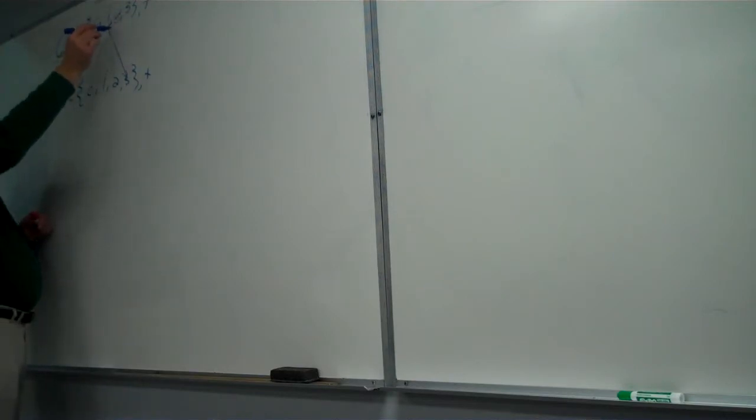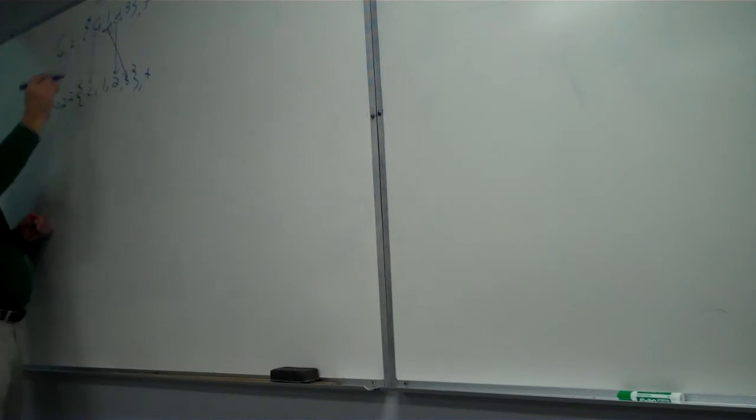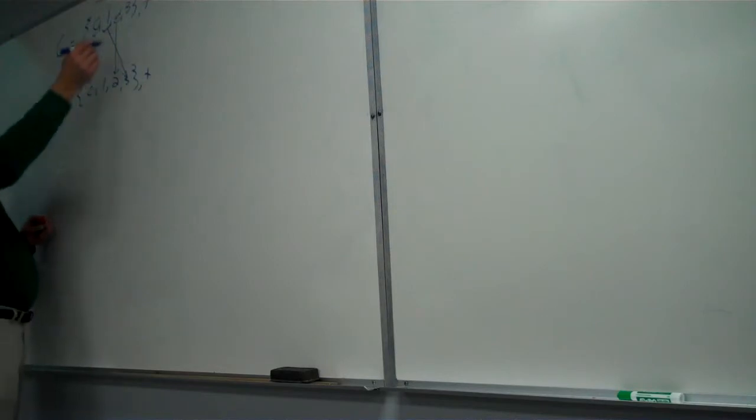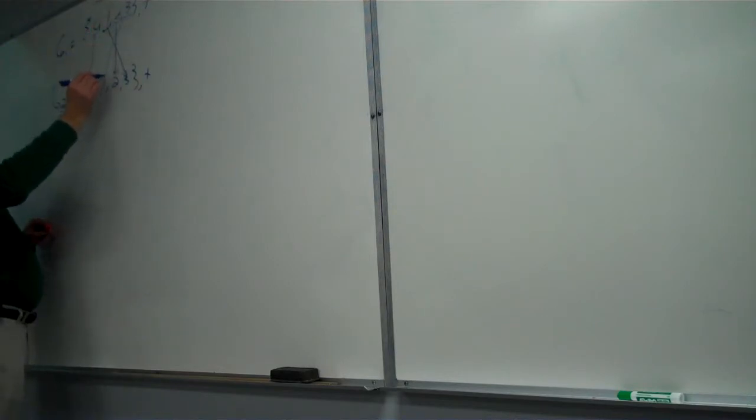To its inverse. Where's 2 going to go? To its inverse. 0 is going to go to its inverse, which happens to also be the identity, and the identity has to go to the identity. Where is 3 going to go? To its inverse.